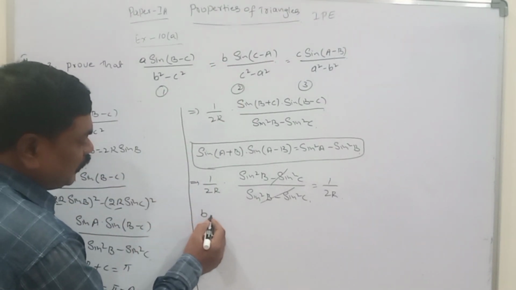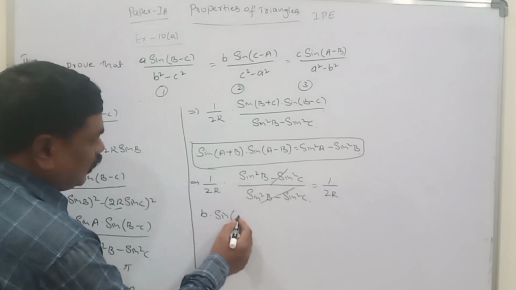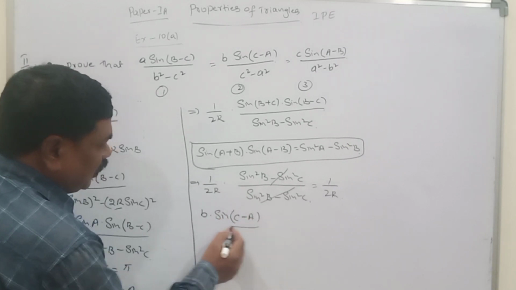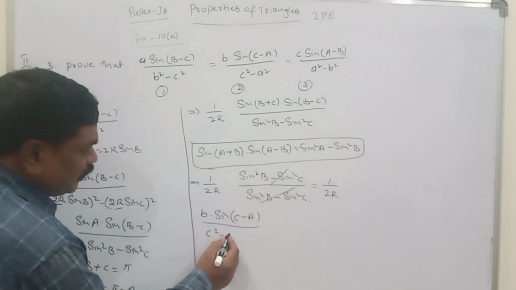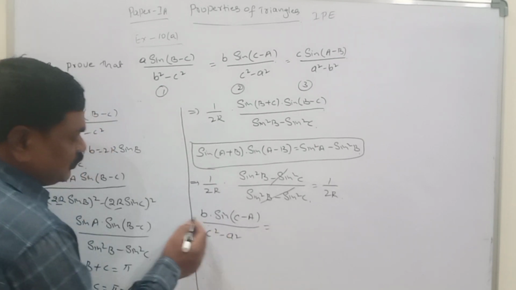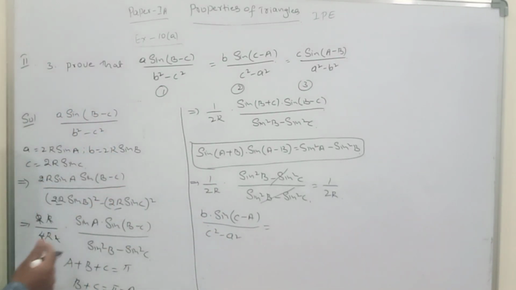What is b into sine of (c minus a) by c square minus a square. Then you have to substitute the sine rule.